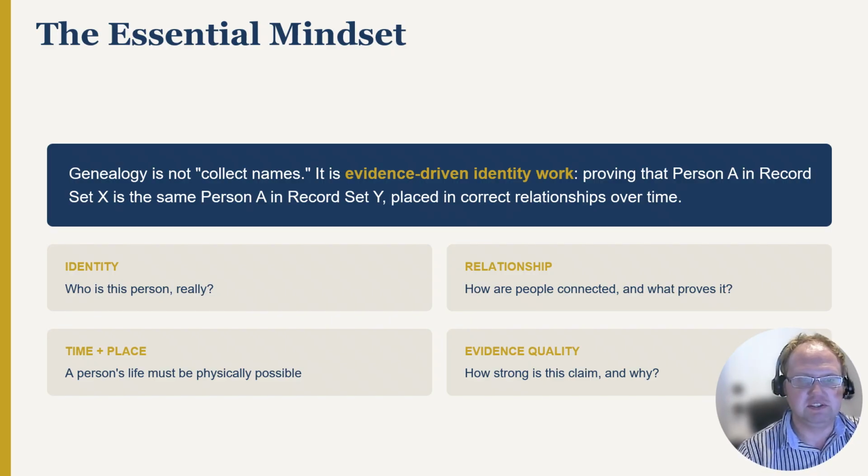Not all evidence is equal. A signed affidavit from a participant carries different weight than a database transcription from an information collection that's of unknown provenance. We'll discuss this in depth shortly. When you adopt this mindset, you stop asking, is this person in my tree or belong to my tree? And start asking, what does the evidence actually support?